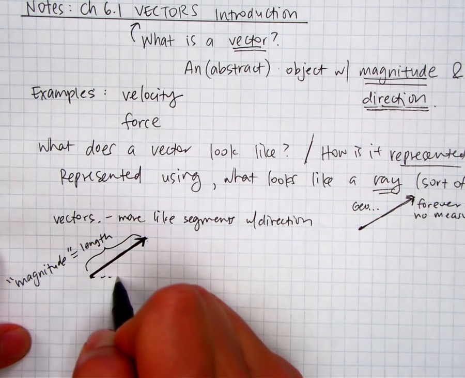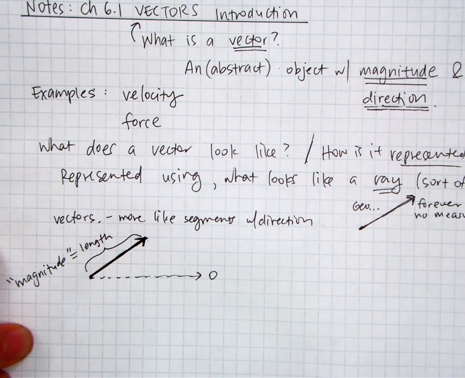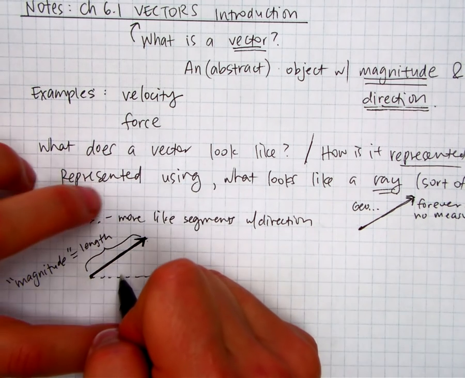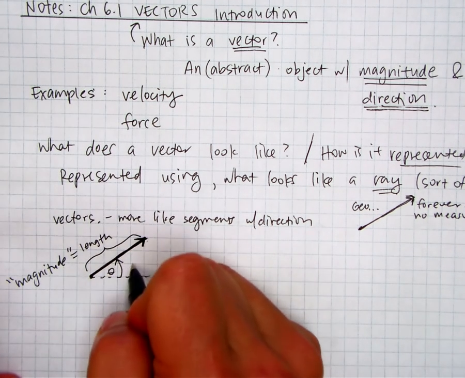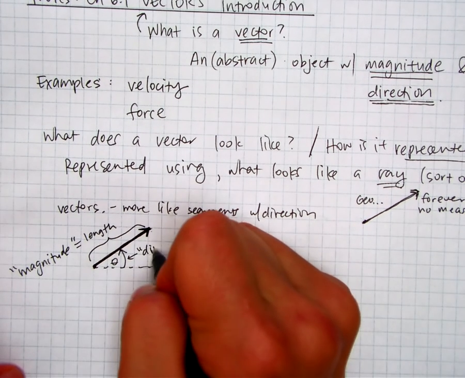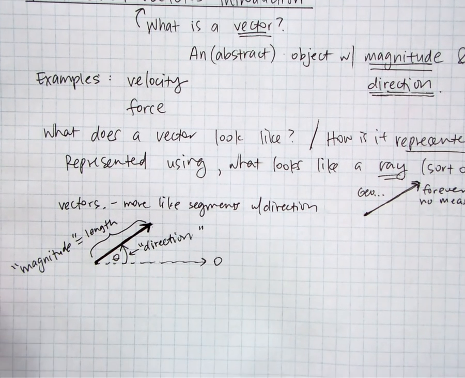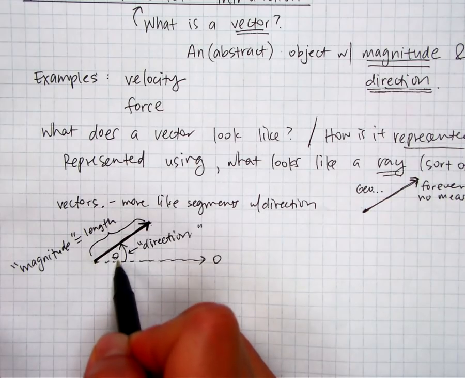In vector form, the anchor is always 0. Always 0. So if I want to say go this way, we use degrees, just like we've been doing up until this point. This theta, in degrees, represents the direction. So the direction can go this way, maybe 40 degrees.